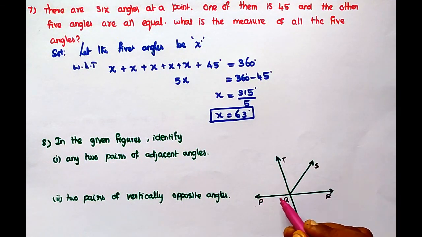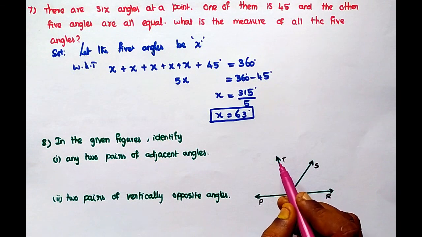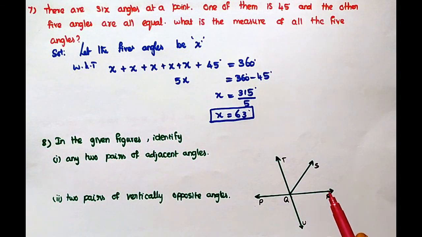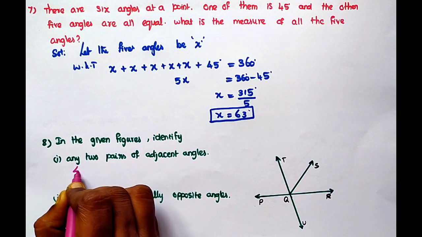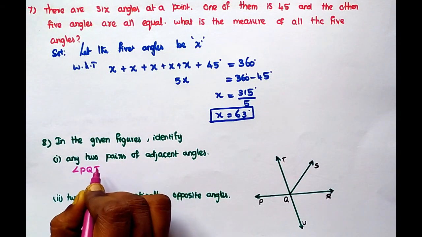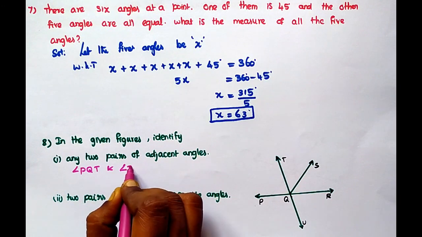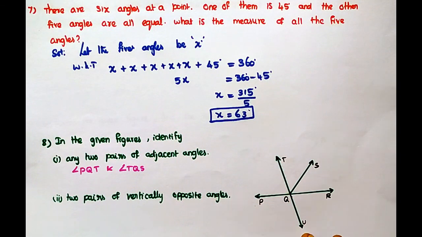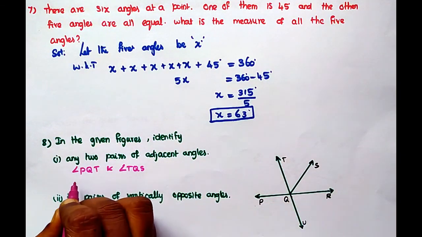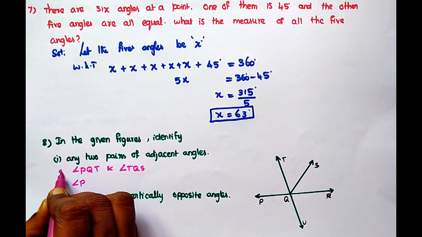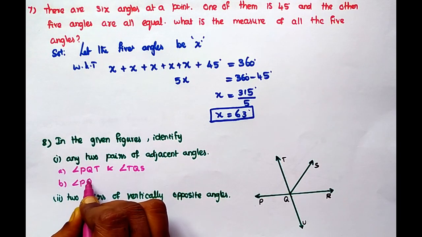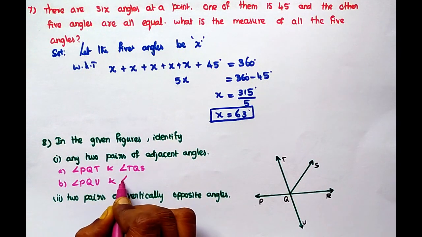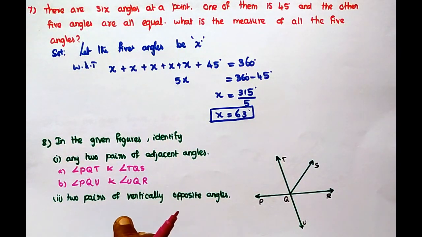Adjacent angles: PQT and TQS, and then PQU and UQR. We can write many answers for this question.